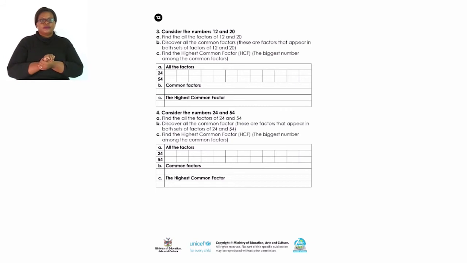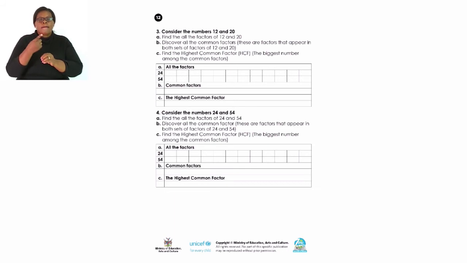And then as we did before, you remember, you find all the factors of 12 and 20. And then what you do next? You discover all the common factors. And then lastly, you find the highest common factor. And that is what you do for number 3 as well as for number 4.